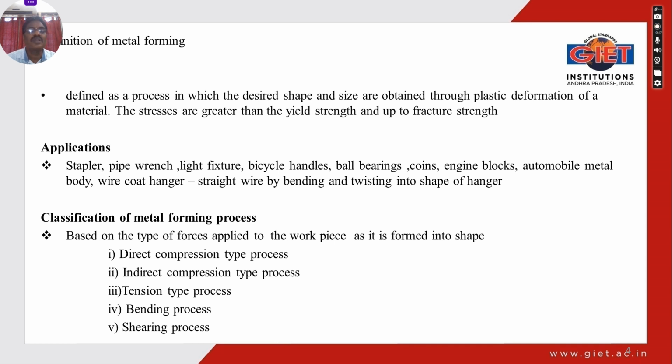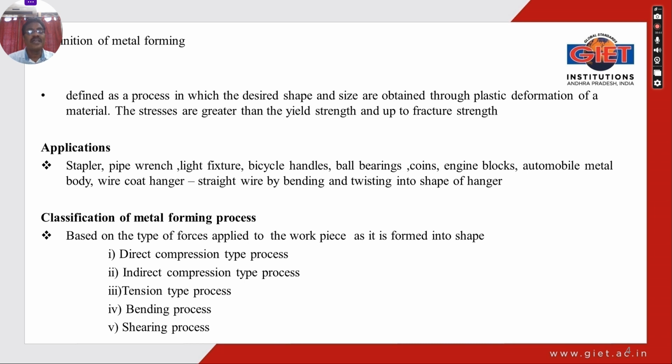Technically, it can also be defined another way: the metal forming process is one in which the desired shape and size are obtained through plastic deformation of the material. The stresses applied are greater than the yield strength and up to the fracture strength. This is called the metal forming process.